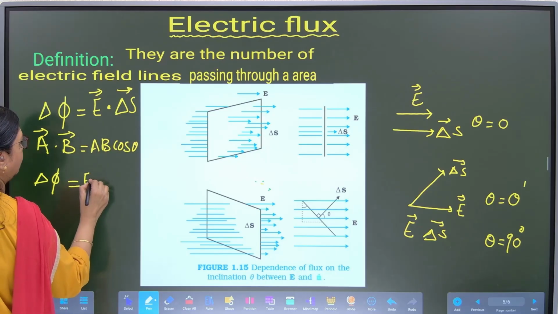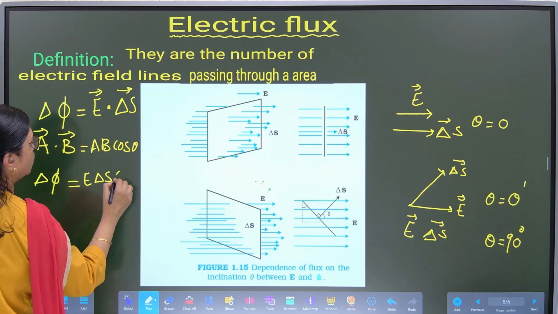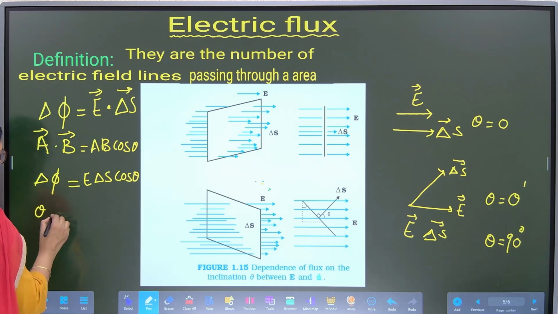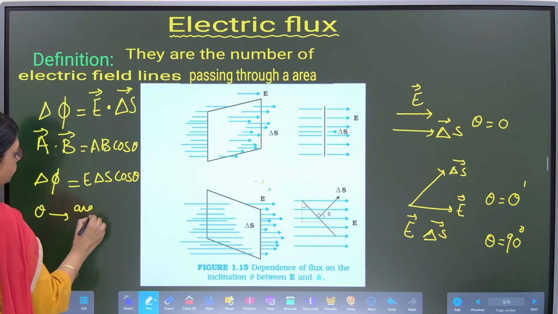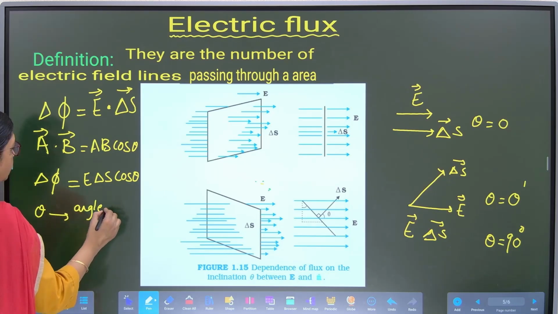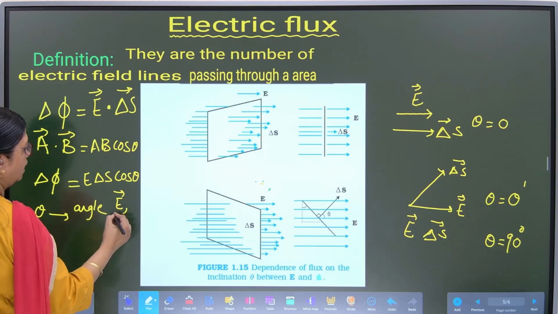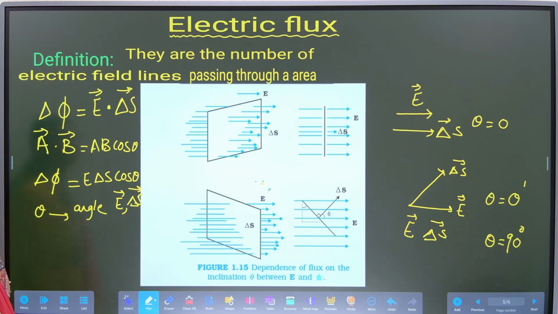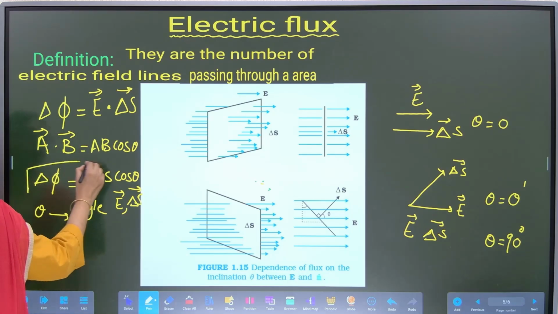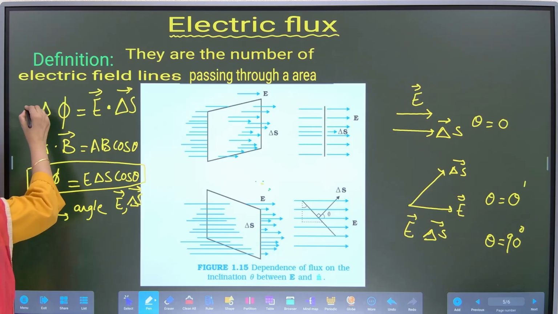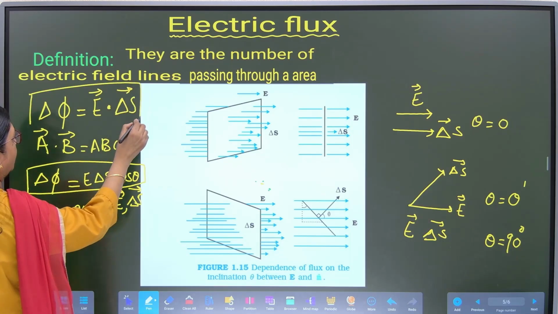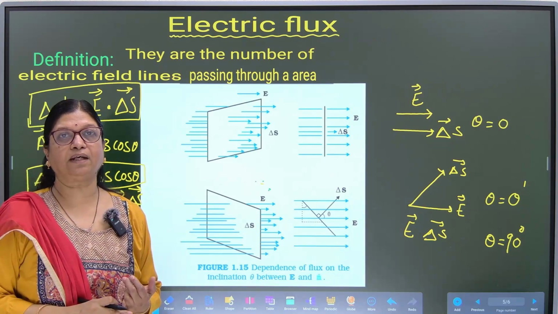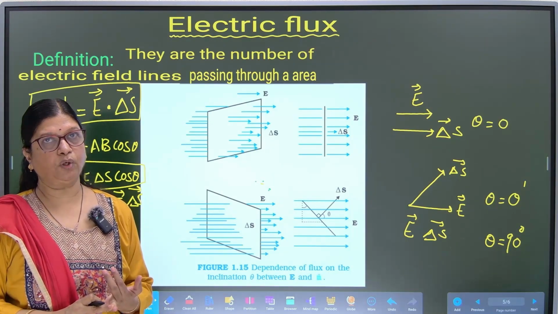So I can write E delta S cos theta, where theta is the angle between the E vector and the delta S vector. Fine. Okay. So remember this formula as the scalar product of the E vector and delta S.